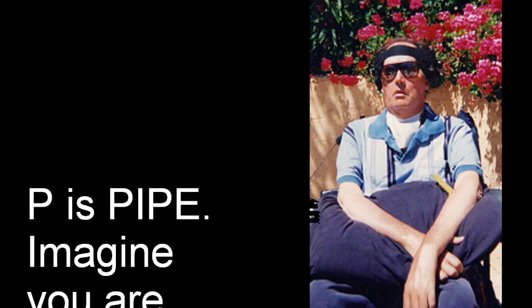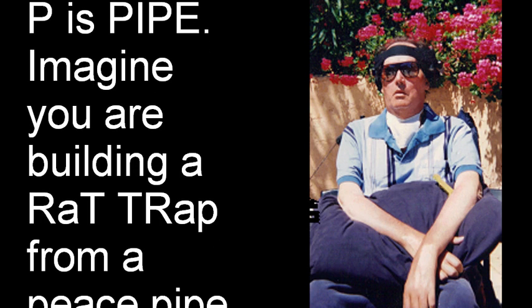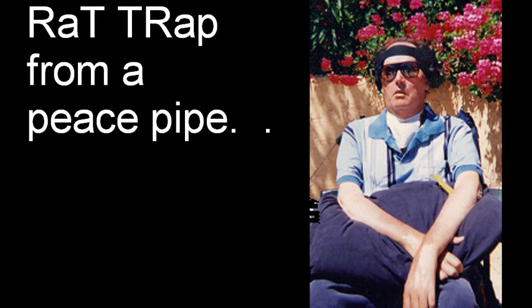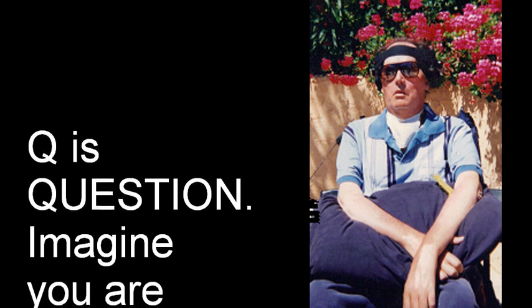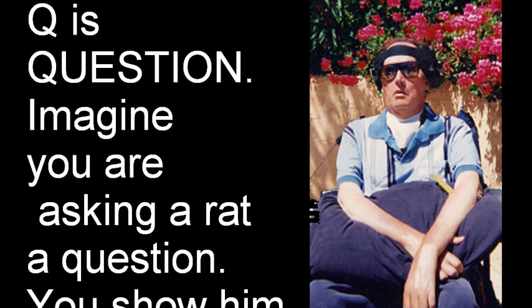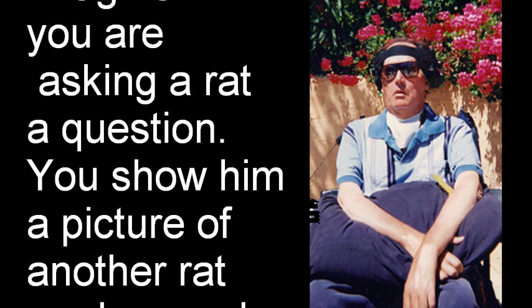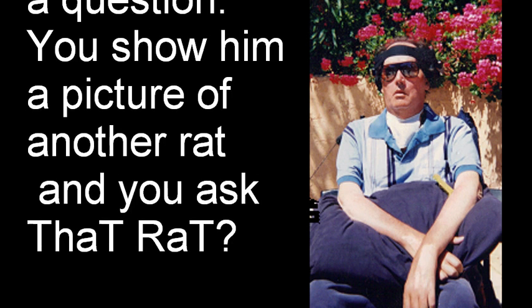P is pipe. Imagine you are building a rat trap from a peace pipe. Q is question. Imagine you are asking a rat a question. You show him a picture of another rat, and you ask that rat.